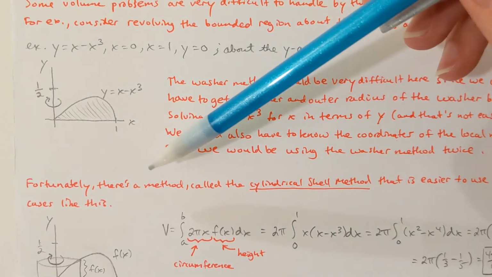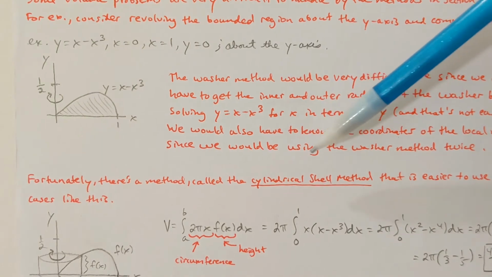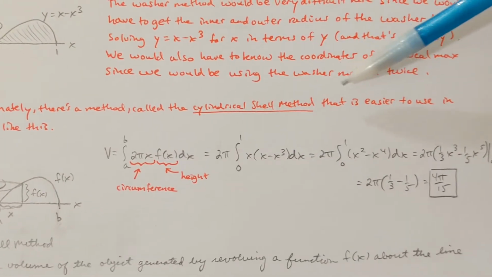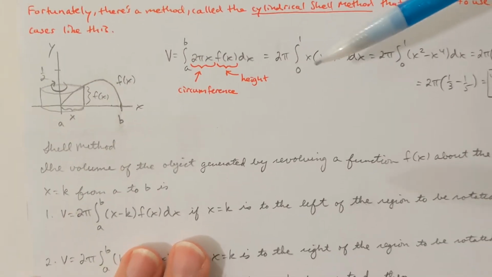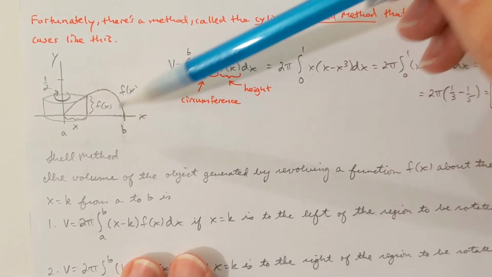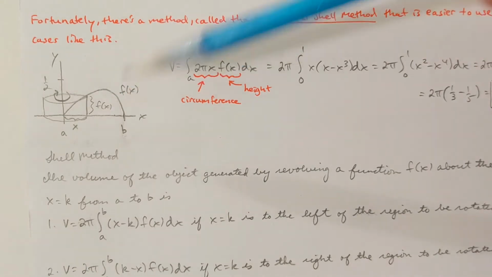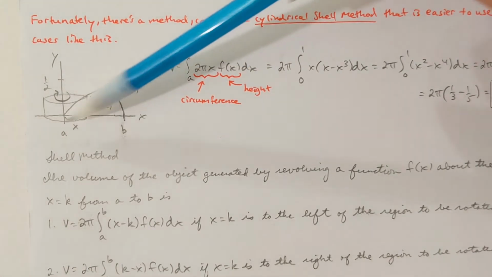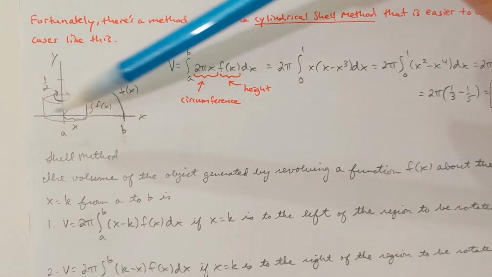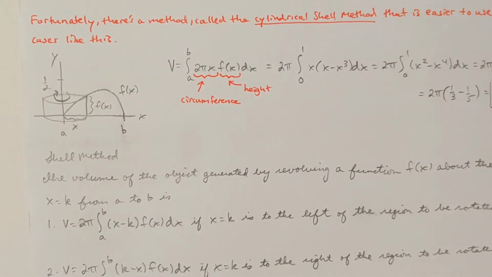So fortunately, there's a method called the cylindrical shell method that is easier to use in situations like this. So I've redrawn this curve again, and just suppose this is some arbitrary curve now on an interval AB, and you're going to rotate that about the y-axis.